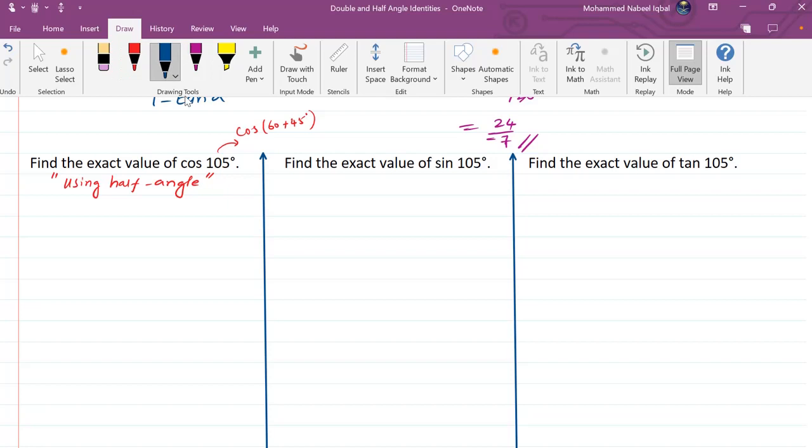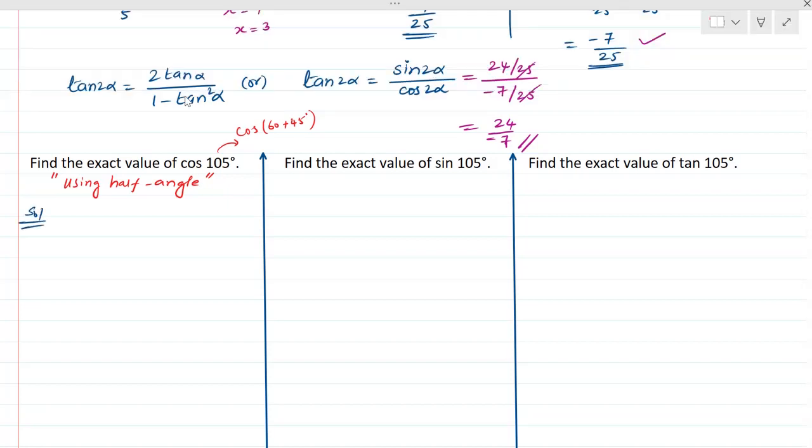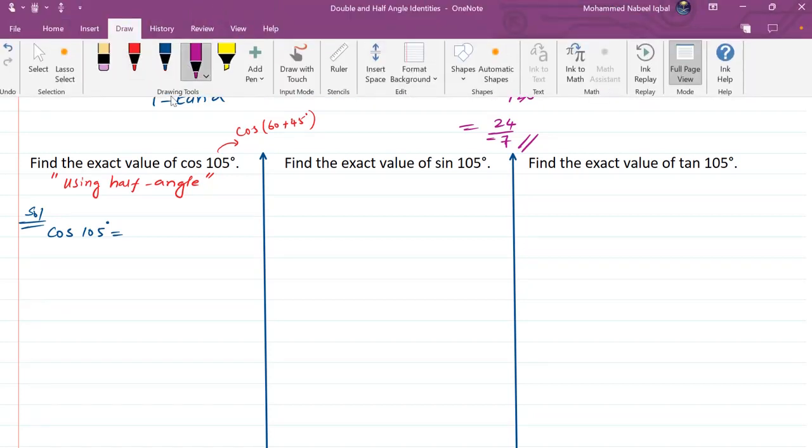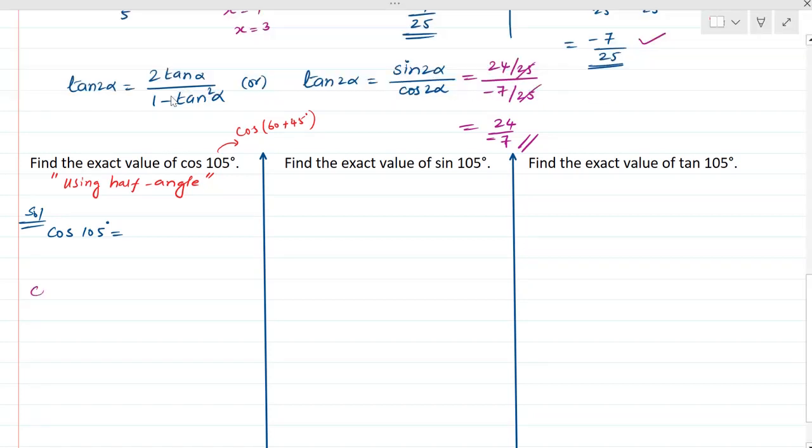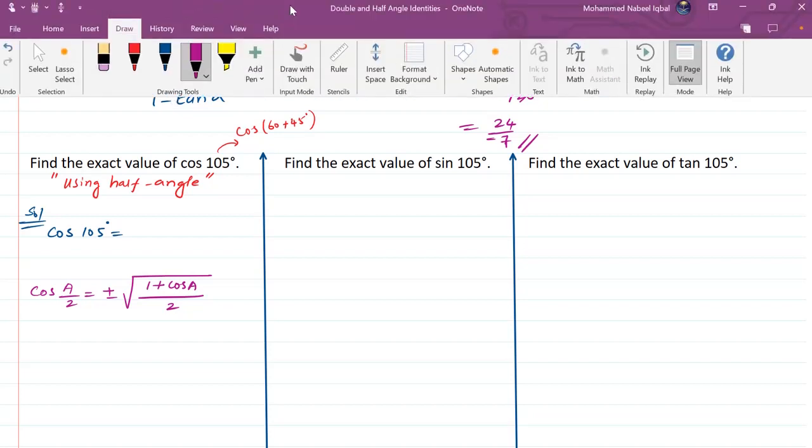How to make the half angle? See here, cosine 105. In order to use the half angle formula, we need the angle over 2. Then only we can use the formula cosine of alpha over 2, which is equal to plus or minus square root of 1 plus cosine alpha over 2. So we need these two.